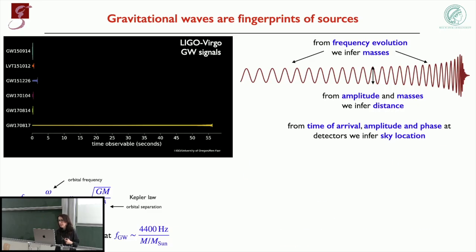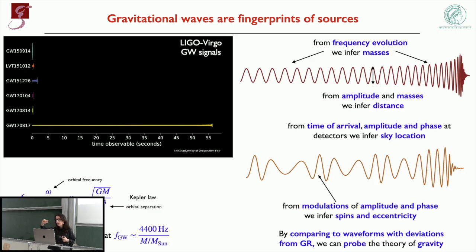Then, as I was saying before, if you see modulations in the phase and in the amplitude, as shown in this waveform here, you can know whether the system was moving on an eccentric orbit instead of circular. This is a circular orbit. Or whether the spins were aligned with the orbital angular momentum, perpendicular to the orbital plane, or if they were precessing.